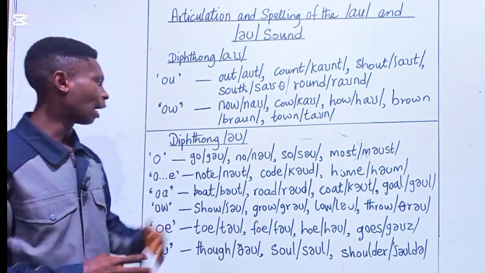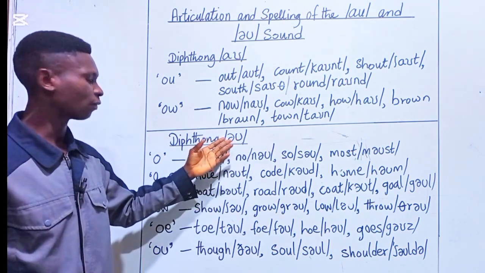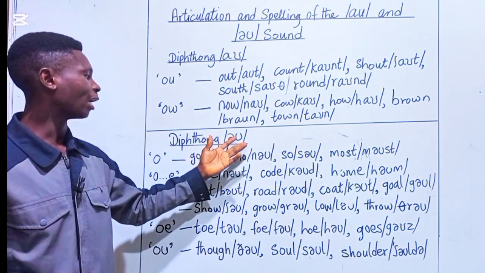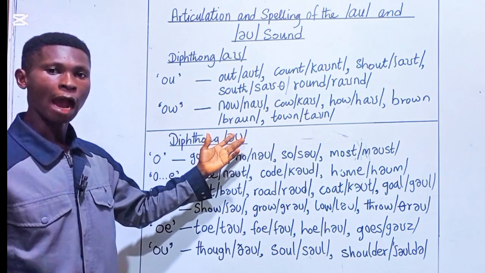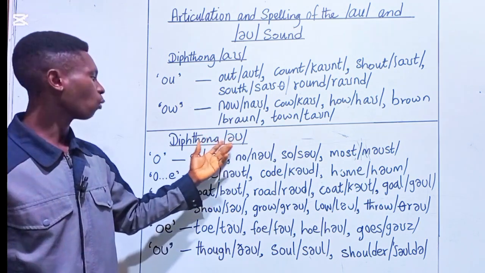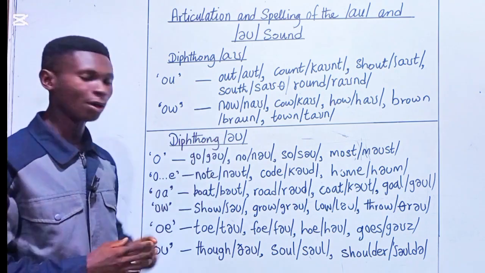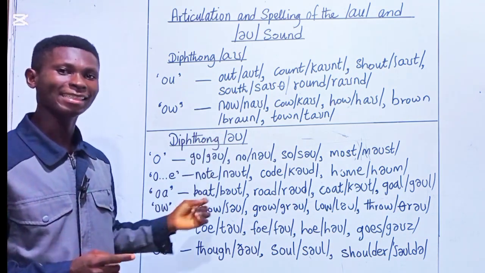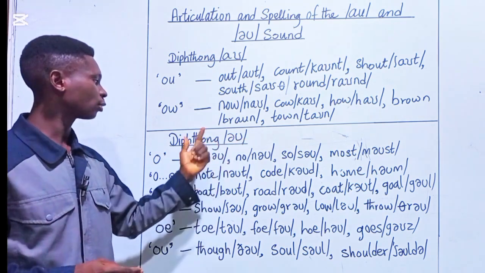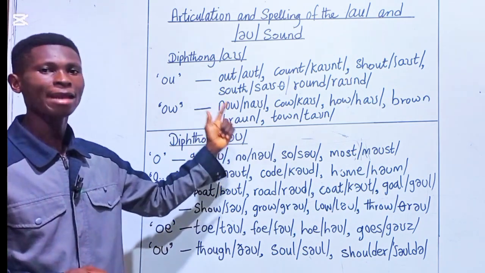Again, let's look at the /əʊ/ sound. The /əʊ/ sound is a combination of the mid vowel sound, which is the schwa sound, and the high back vowel /ʊ/. So we have /əʊ/. When you say this sound, the parts of the tongue involved are the middle of the tongue as well as the back of the tongue. In other words, the tongue moves from the middle to the high back.